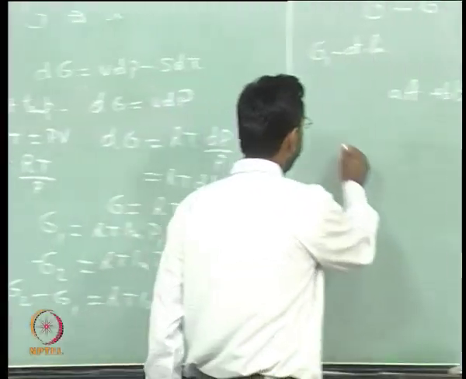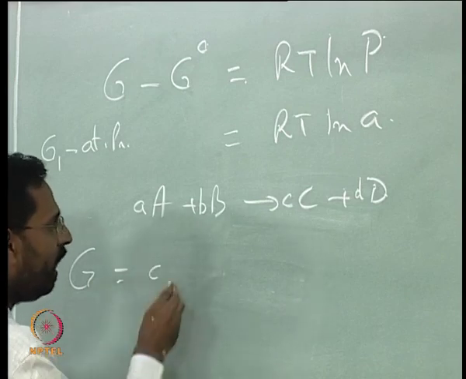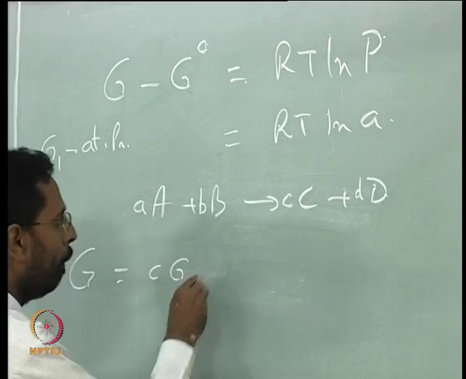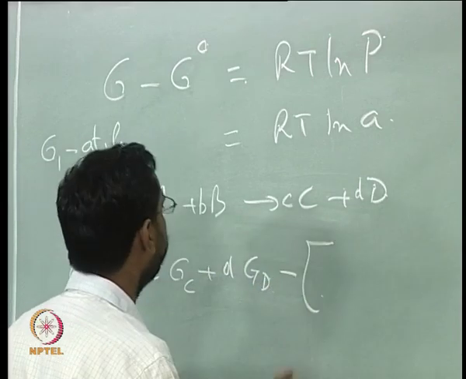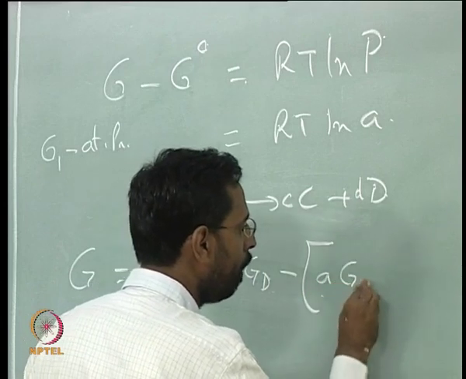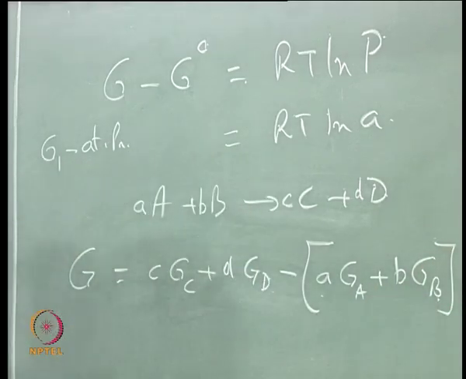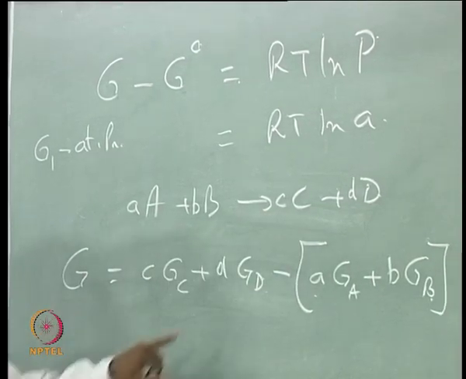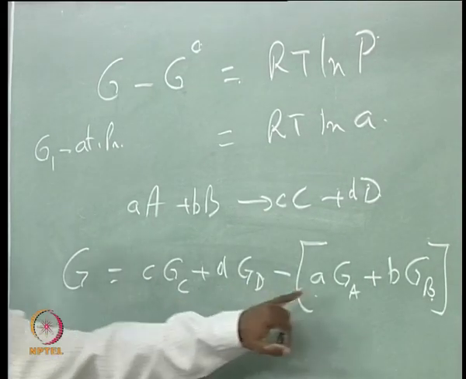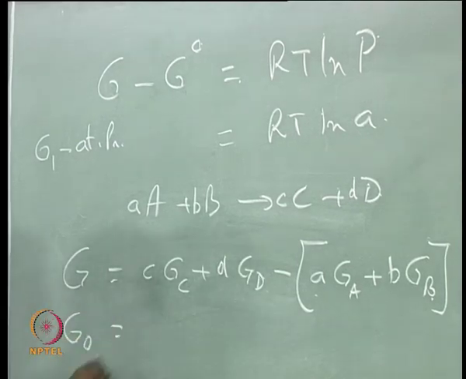So I can say the G of the reaction is nothing but I can write it as c into G of C plus d into G of D minus a into G of A plus b into G of B. This is the reactants, this is the products.